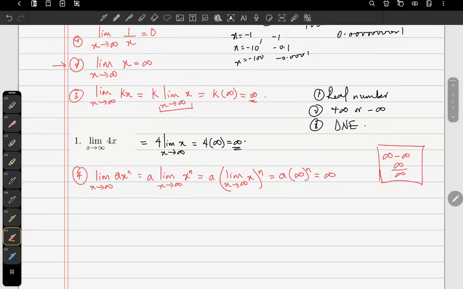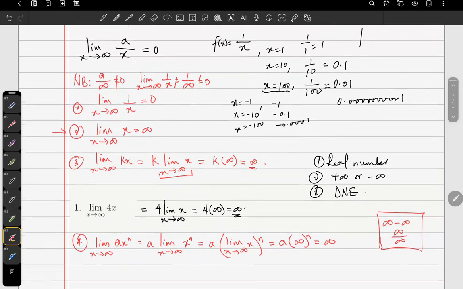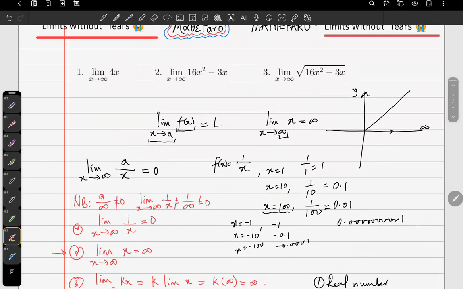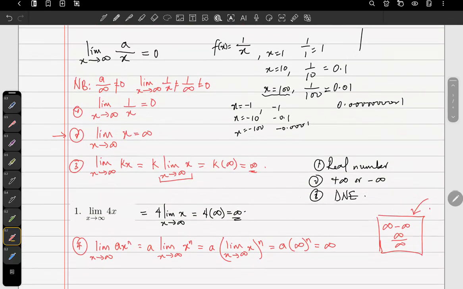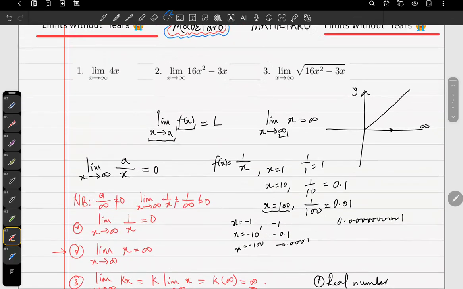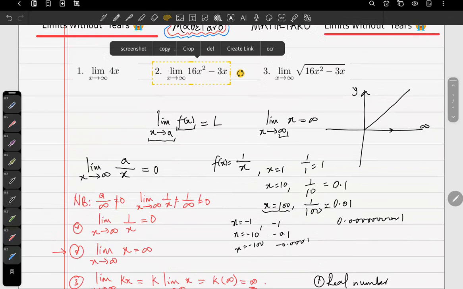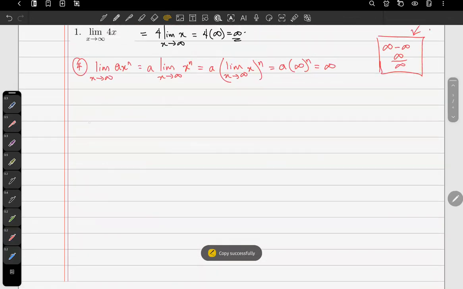So that being said, the next point of call is number 2. With what I have mentioned here, we can now look at what is happening with the second question. So copy and paste.